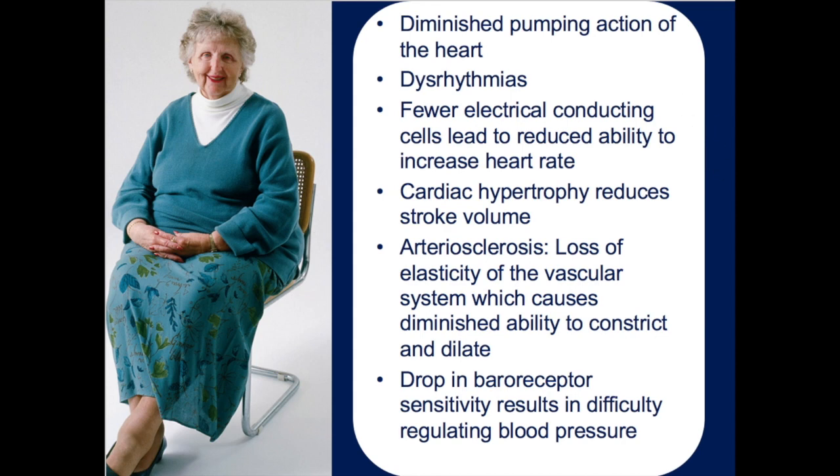So, unfortunately, as you age, your maximum heart rate decreases. So that, again, limits your ability to increase your overall cardiac output because your heart just no longer can increase to that maximum heart rate that you used to be able to do when you were 20 years old.